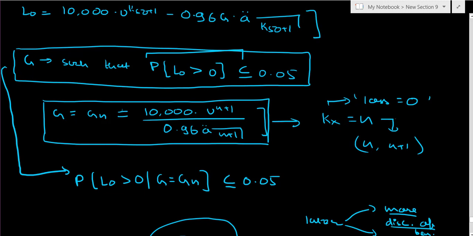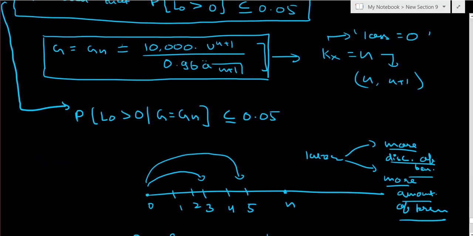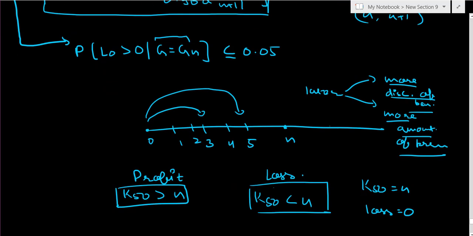So we just determined this dummy premium using Gn. Now this is just the probability that L is greater than 0, given that G is equal to Gn, this dummy premium, and this probability is to be less than 0.05. The next thing I told you was that in the case of a whole life assurance, the sooner the person dies, the probability of making a loss is higher, because of two reasons.